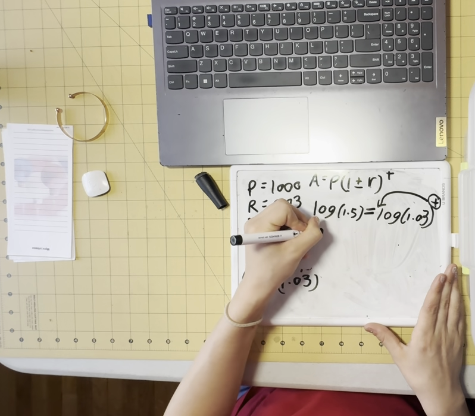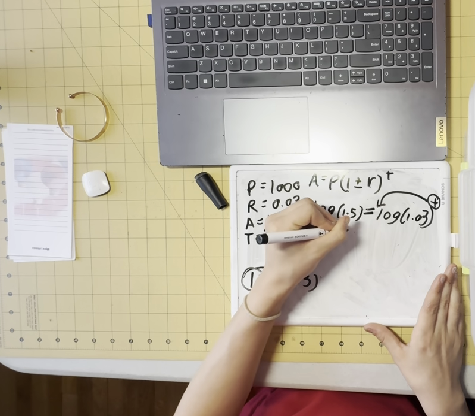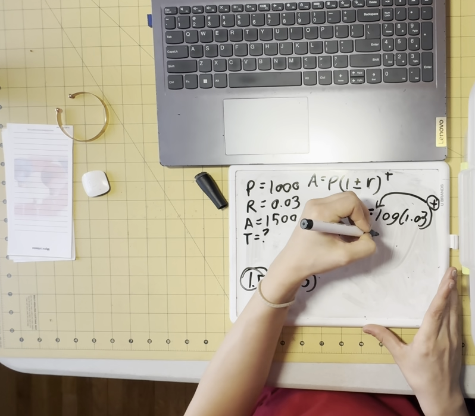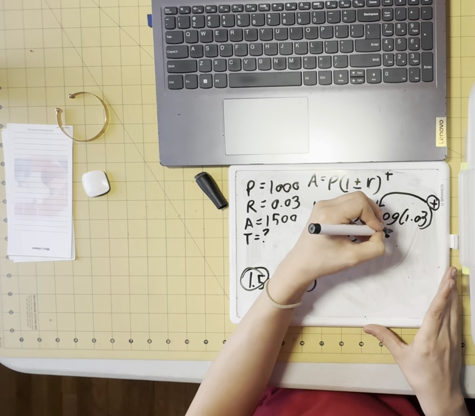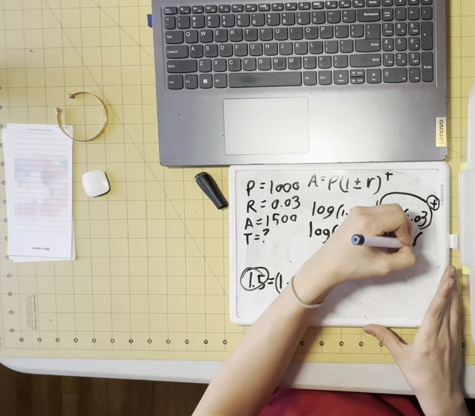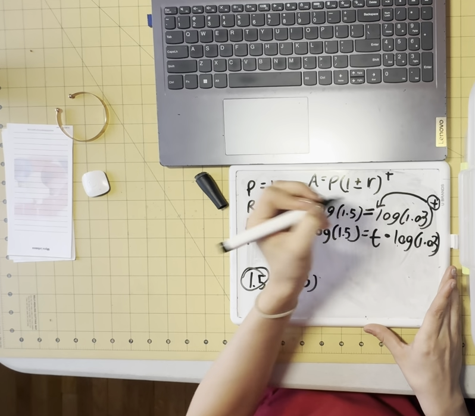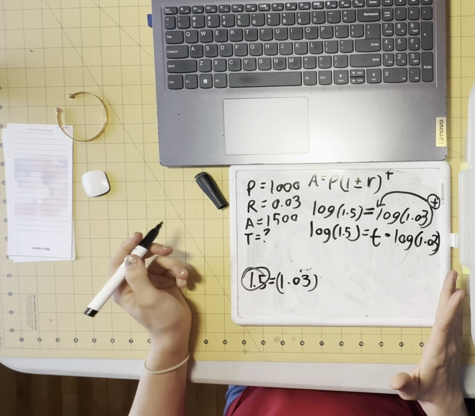So you can rewrite it as log 1.5 is equal to T times log 1.03, which is a lot easier to handle.